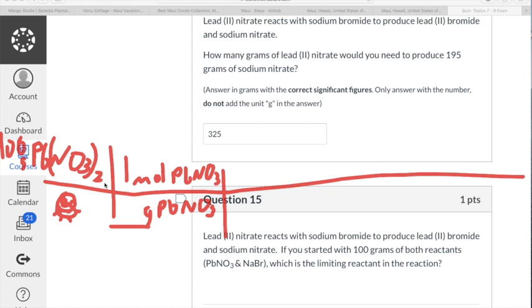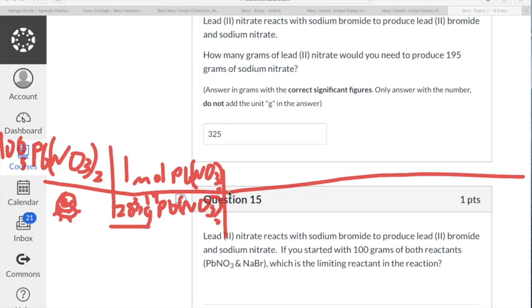Do I have it already? Oh, I do. It's 283.19. Lovely. So we just did that one, the last problem, 283.19. Sorry, it's pretty terrible writing. Hope you guys are following along. So it's 283.19 grams of Pb(NO3)2 for every mole of Pb(NO3)2. Just be writing that down.